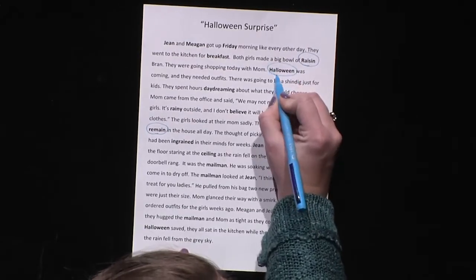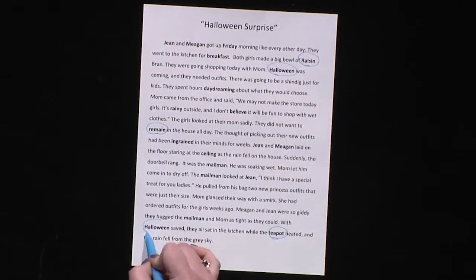And then our last word, which was a 3-syllable word, was Halloween. Let's find Halloween. I think it was in here twice, up here at the very top and down here at the bottom. All right, we've found our words that we syllabicated and read earlier. Now I want us to read this together. So I'm going to put my finger under the words and I want you to track and read with me.